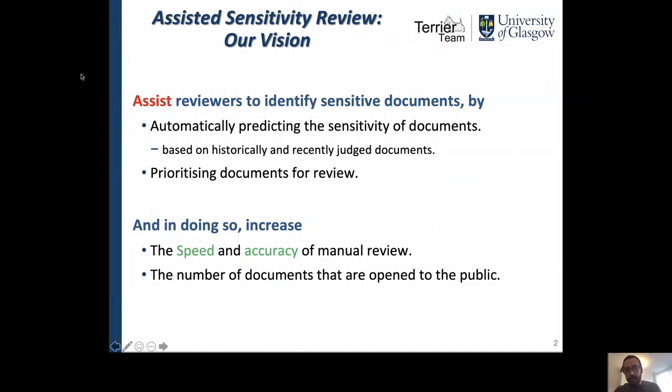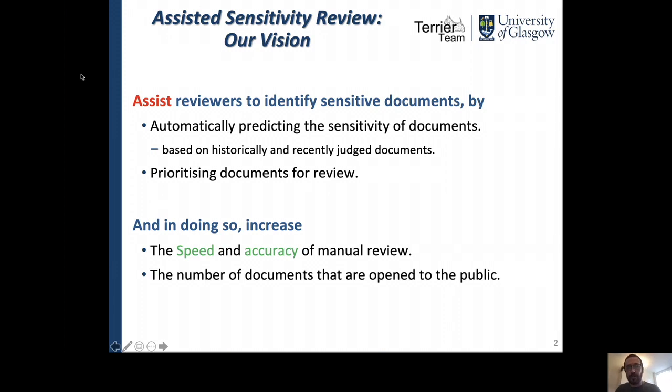Okay, so where are we? What's the project about? Firstly, we want to know whether or not we can learn a sensitivity classifier to automatically predict context-dependent sensitivities, in order to assist human reviewers. You'll see right throughout the talk that the whole focus is on assisting human reviewers.